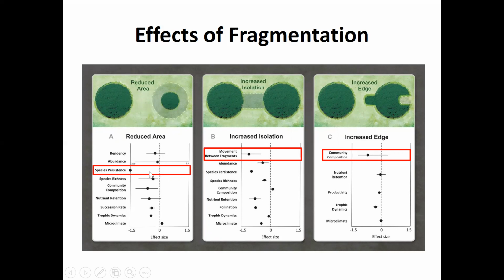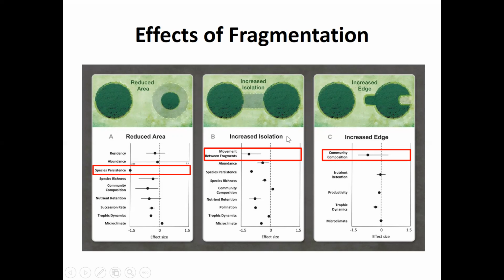And what these researchers found most strongly is that this reduction in total area has a big impact on species persistence, okay? So these reductions in total area due to fragmentation mean that some species are simply going to go locally extinct. So you're going to have loss of diversity in your ecological community as a result of habitat fragmentation.